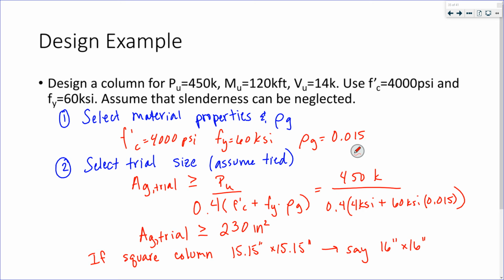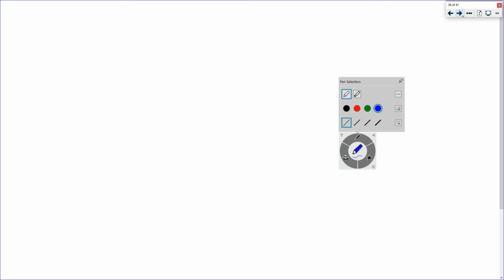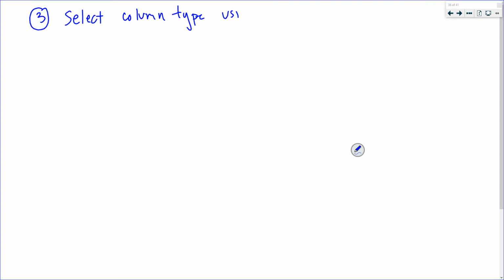Now let's select a column type using e over h. Our eccentricity is our moment divided by our axial load.